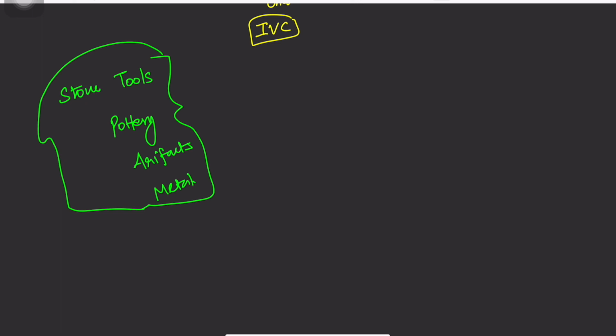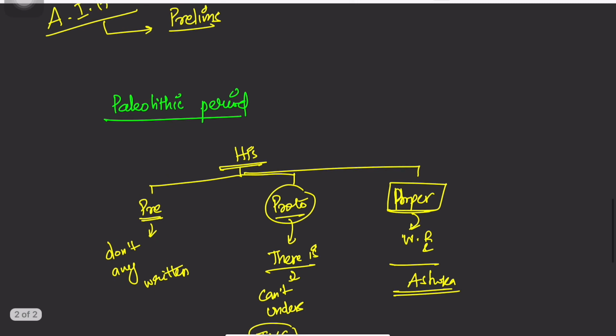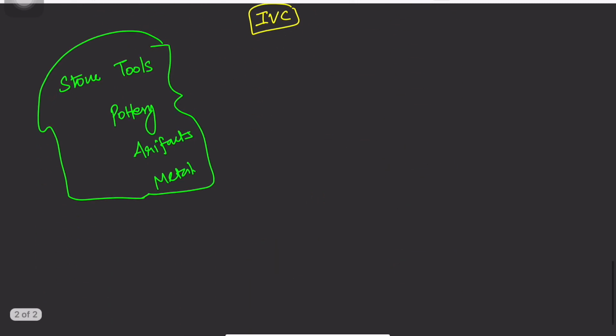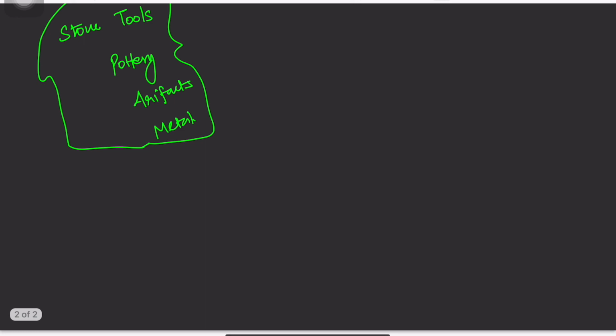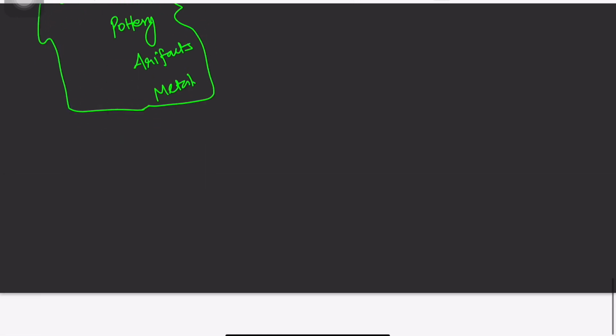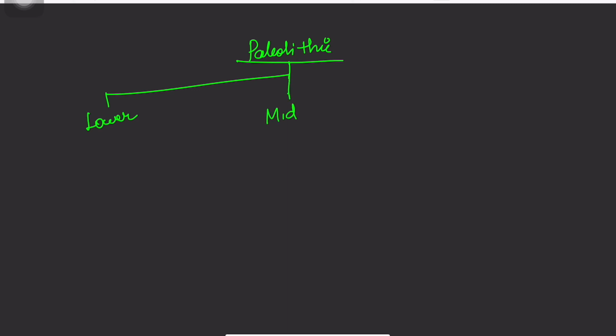Now, the Paleolithic. The Paleolithic period was categorized into three different phases: the first is lower or early Paleolithic, then middle Paleolithic, then upper Paleolithic.